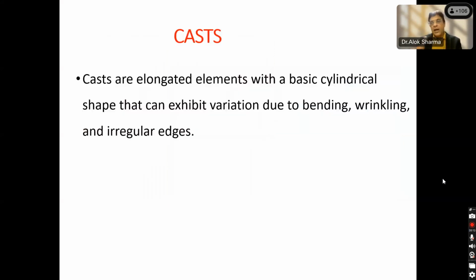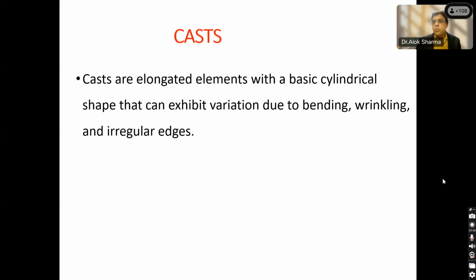Now, we talked about the basic stains, we talked about the cellular elements. Now we come to the casts. Examination of casts is a very, very important process when you do a urinary sediment examination. So how do you identify casts? Casts are usually elongated, so it's easy to identify them.